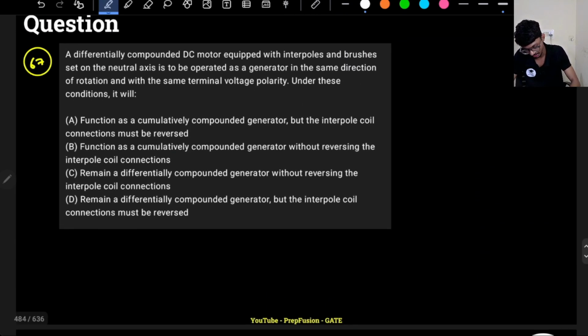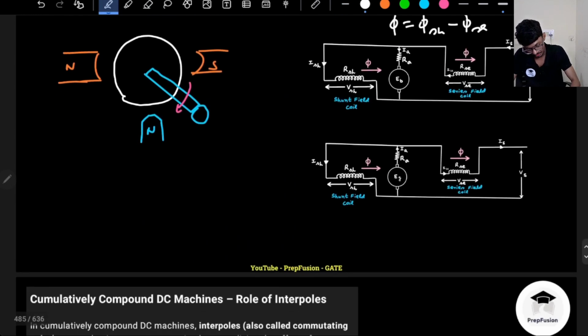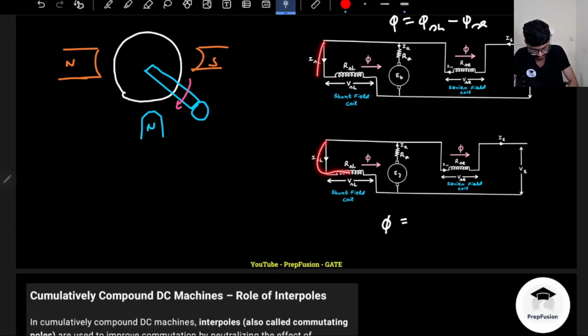They should have mentioned here that the shunt field is dominating. In this case, the shunt field winding current direction has not changed, but the series field winding current direction has changed. It was previously going from right to left, now it is going from left to right.